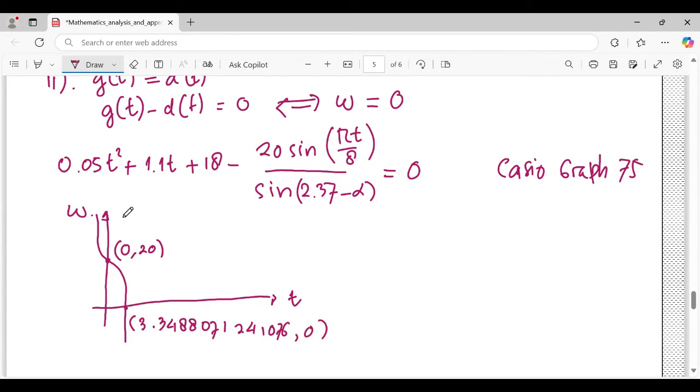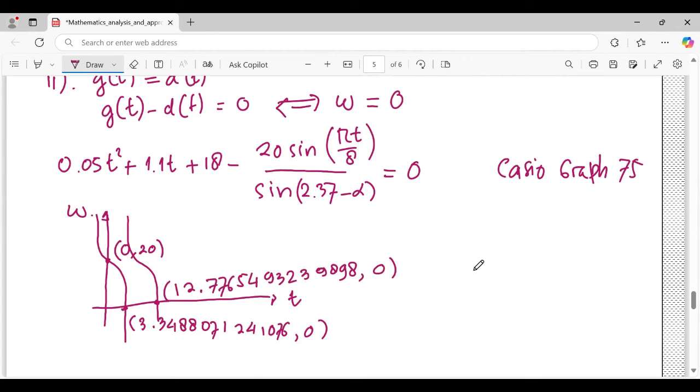And there is a second crossing like this, at 12.7654932399898, 0.